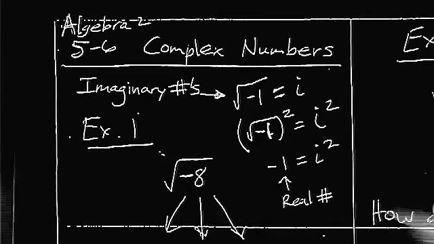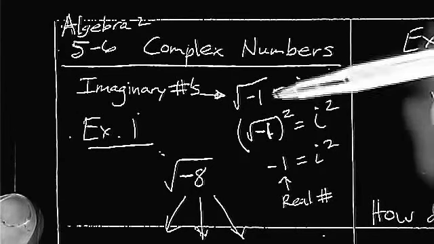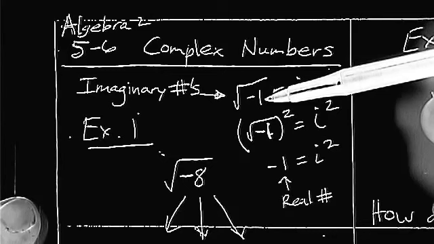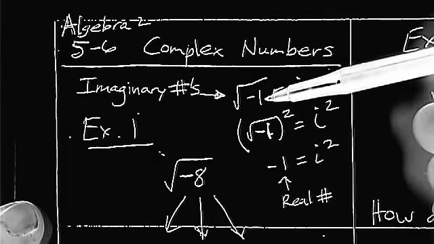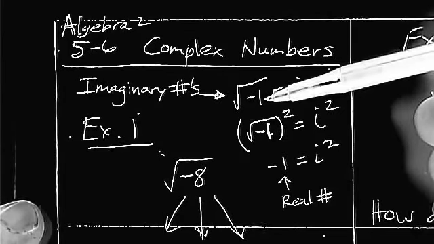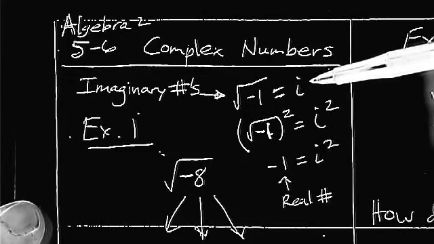Okay? Now, it's based upon a definition, the square root of -1. That's not a decimal. There's no number in the real numbers which you can multiply times itself and get -1. So we use the letter i to represent that, and this is called an imaginary number.